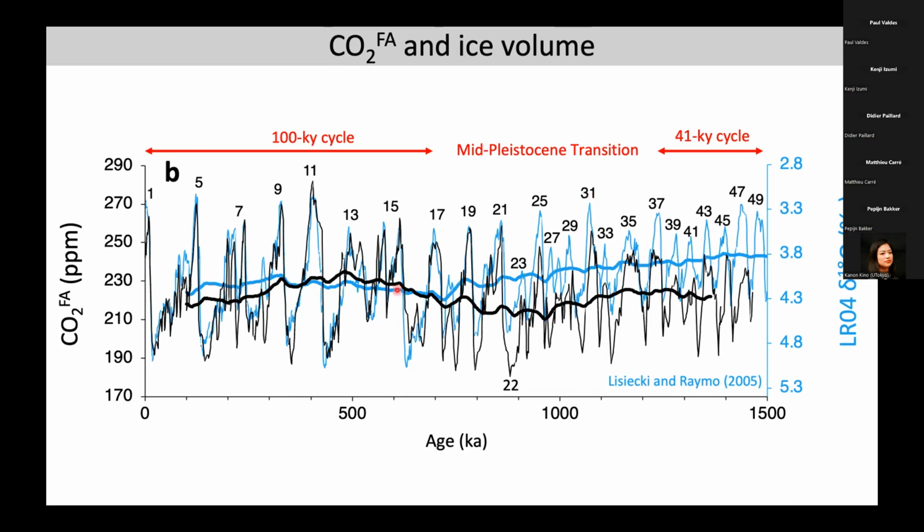But if we see the long-term mean trend, this long-term mean trend is somehow different before the MPT. Oxygen isotopes gradually shifted in a positive direction until 700,000 years ago.